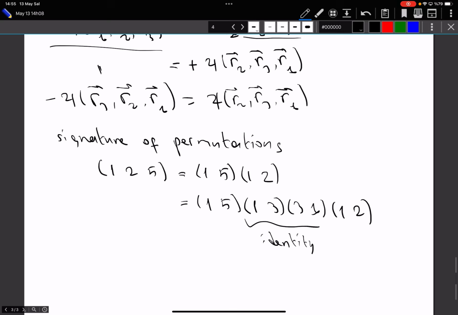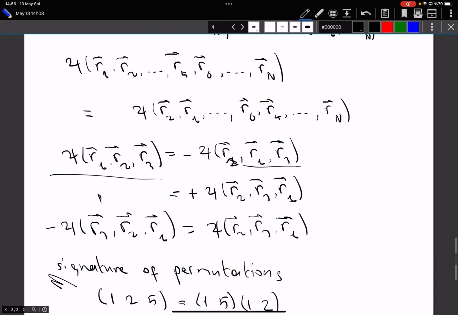The only thing that doesn't change is whether the number of pair permutations in this expansion is always even or always odd. So you cannot write a permutation in terms of 2 exchanges and also 5 exchanges. That doesn't happen. That's called the signature of the permutation, and it is always fixed. And this sign over here is basically the signature of the permutation that takes you from this one to this one.